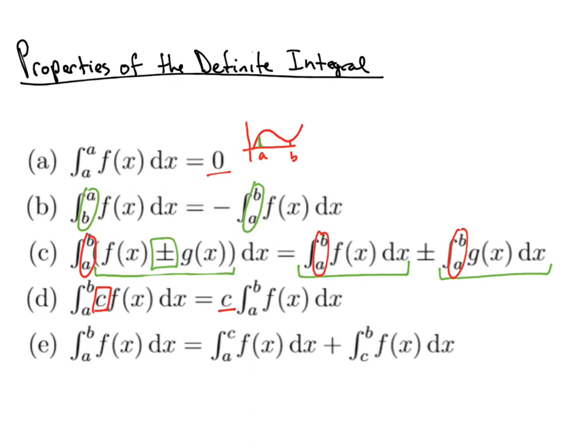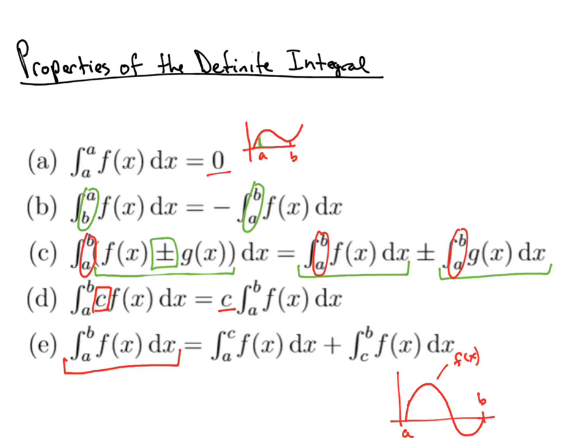And then the last property is if we have some integral between a and b, so this one might help with a picture. So say we have this integral, this is a, and this is b. Let's call this f of x.